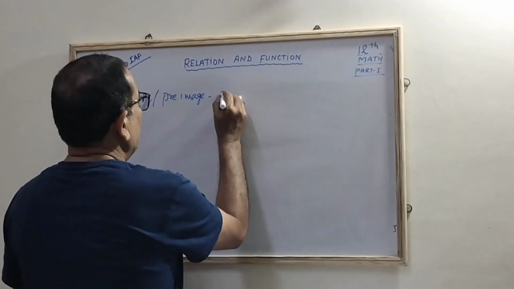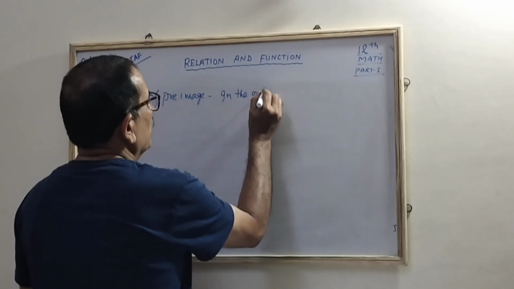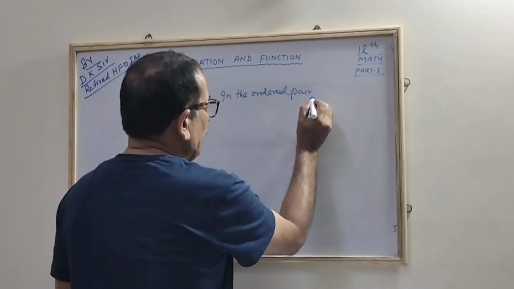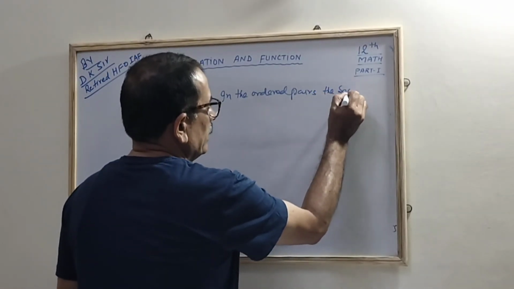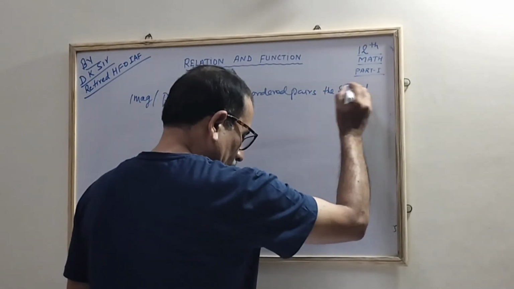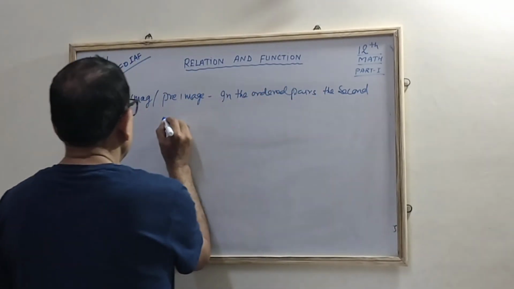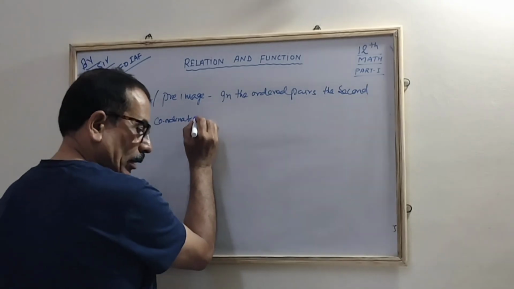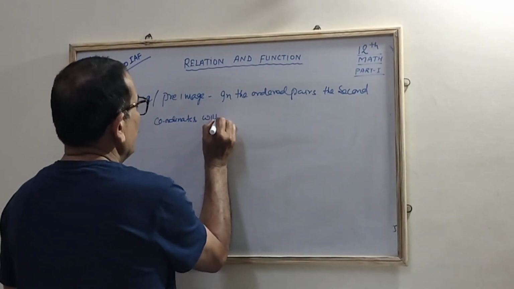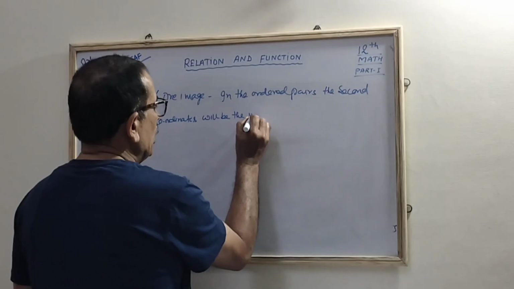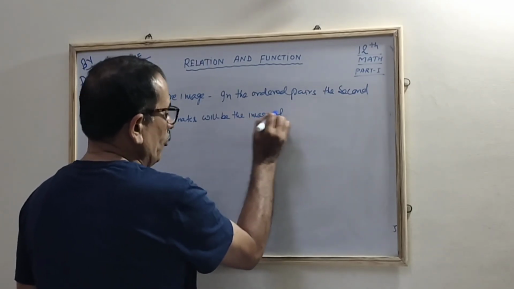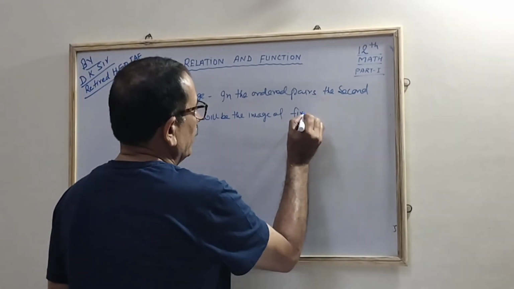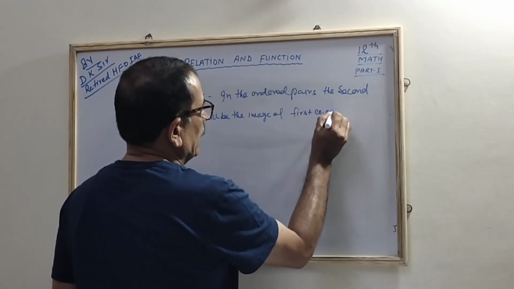In the ordered pairs, the second coordinates will be the image of the first coordinates, correct?